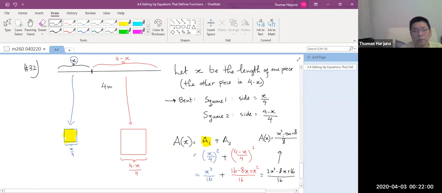Is it okay? That's our final answer. I use purple. I like purple. Now, that's for number 32.